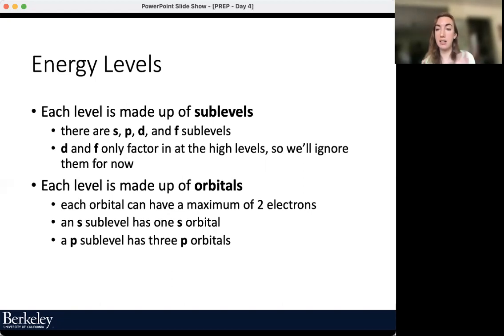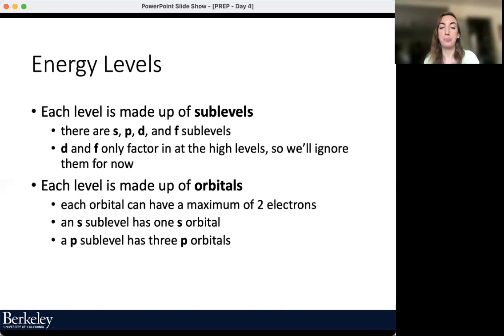The D and F sublevels matter a lot for the transition metals and those really high level lanthanide and actinide series, the inner transition metals. And we're going to focus on the main group, those on the far right and the ones on the far left. So we're just going to focus on S and P.